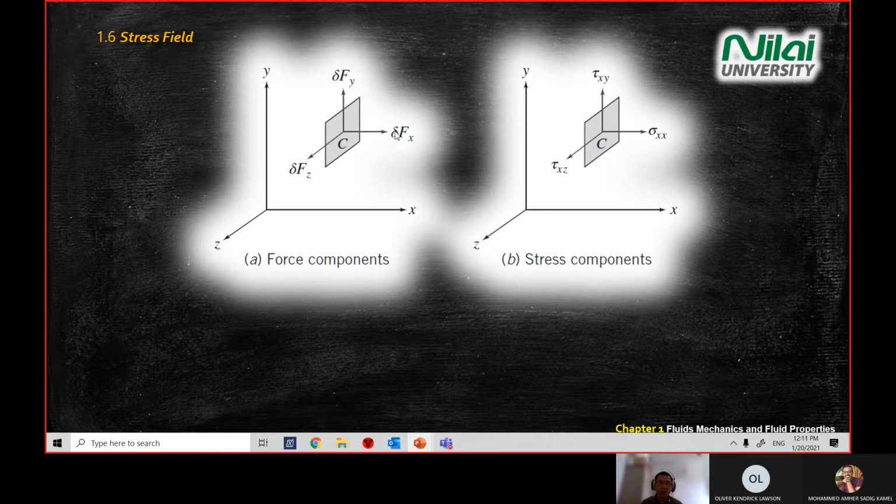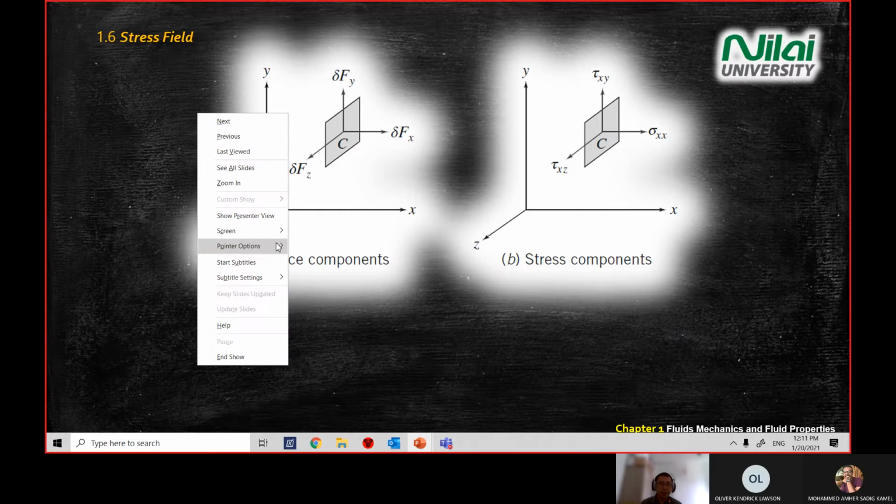That's why you use the delta symbol. Same with other directions. If it's going to Y, then we write del Fy. If you go to Z direction, we write del Fz. On the left diagram, referring to the force components, we're going to convert the original force representation to stress components.